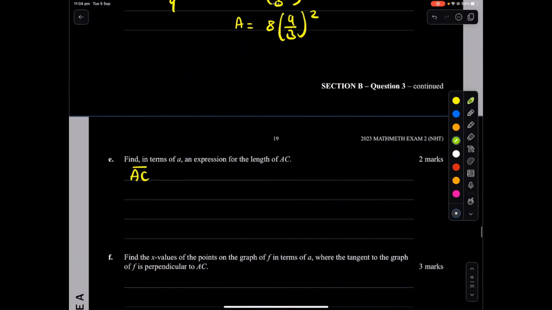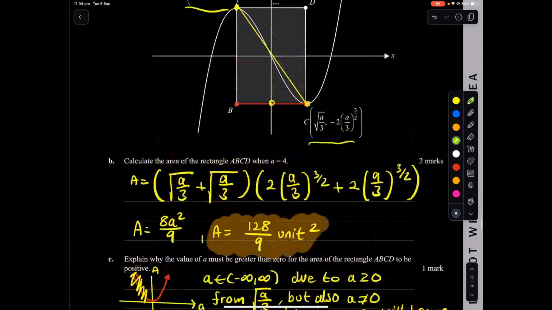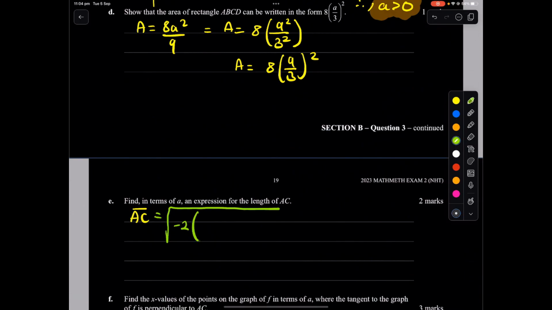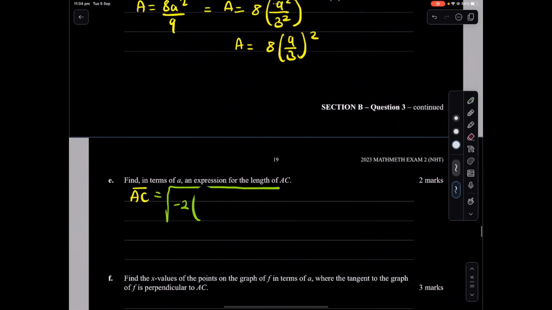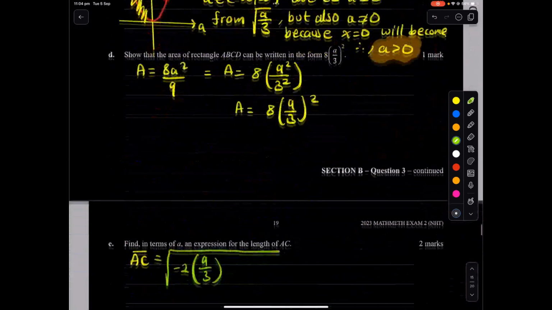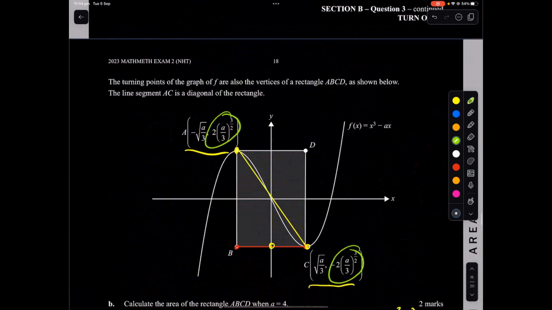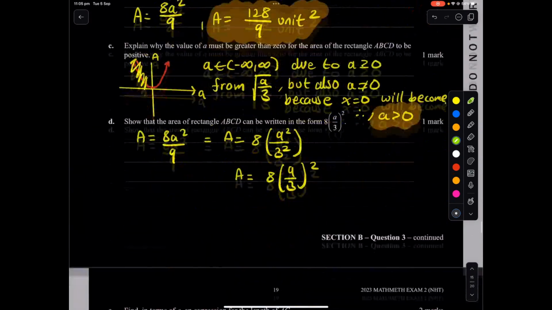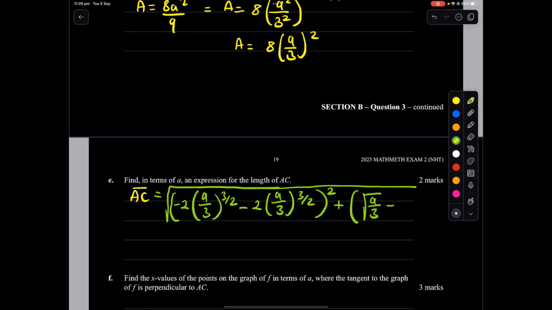I'm going to say it's the square root of this minus this, so negative 2 times a on 3, 3 on 2, minus the same thing in the positive, 2 times a on 3, 3 on 2, all squared, plus the same thing for the other one, root a on 3 minus, it becomes plus, root a on 3, all squared.